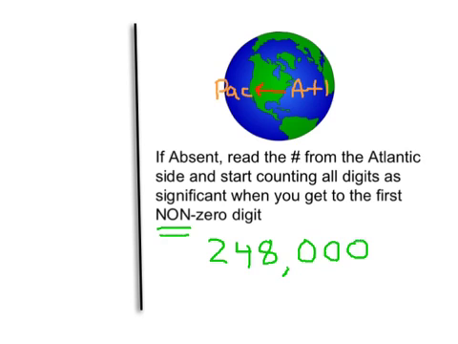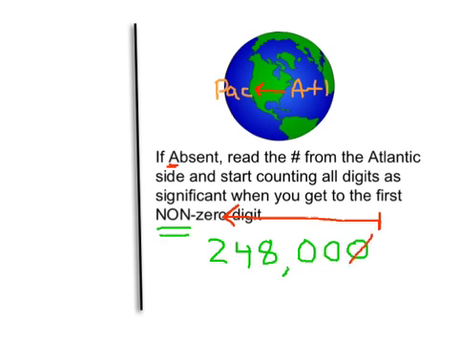Okay, no decimal present. So what we need to do then is read the number. Since it's absent, we read the number from the Atlantic side to the Pacific side, and we start counting all the digits as significant when we get to the first non-zero digit.